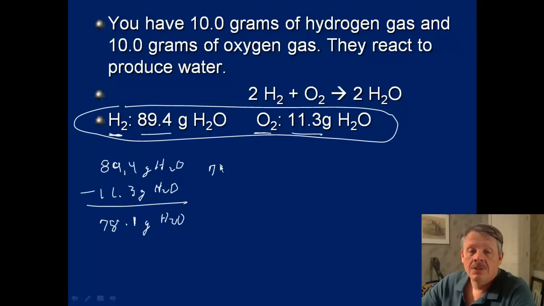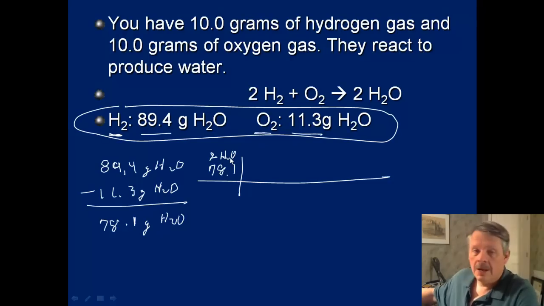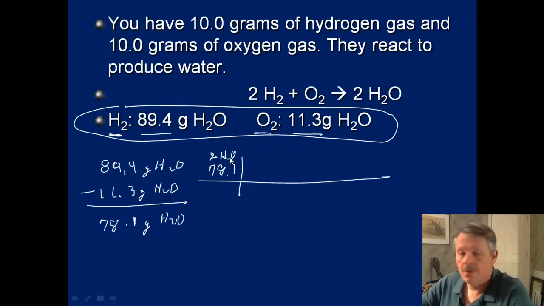All right, so let's actually do the math. This is 78.1, and what is this? This is grams of water. And I'm going to have to do this because I did not do this math correctly. All right, and we're going from grams of water to moles of water.